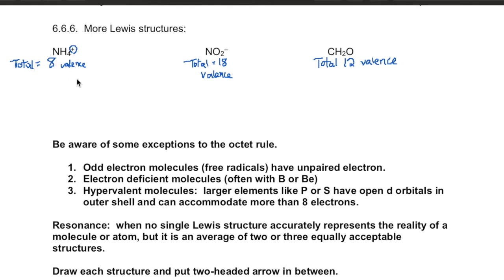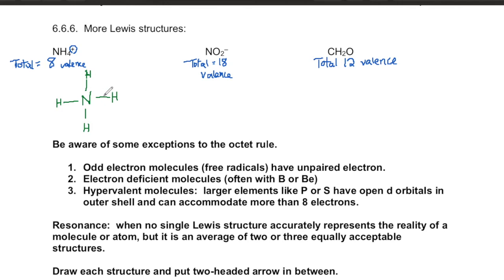Now we'll make a skeletal structure using single bonds. In this case, hydrogen is less electronegative than nitrogen, but we can't put hydrogen in the middle because hydrogen can only form 1 bond. So it is pretty obvious that the nitrogen has to be in the middle of this structure to make a symmetric structure.